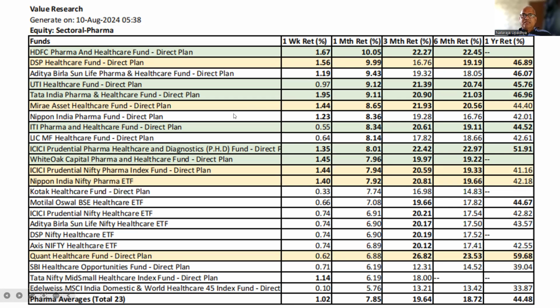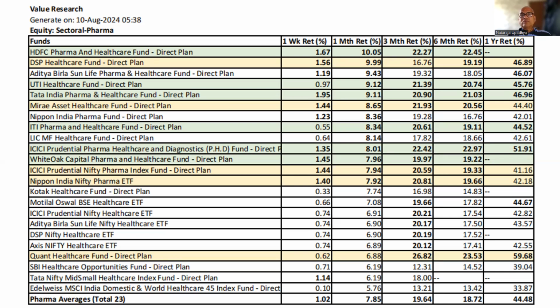But in this analysis, you should not consider green as an automatic investment worthy. What green means is that within this fund subtype, it has shown above average return in all timelines from 1 month to 1 year. The amber ones means it has above average return in all timelines except for one timeline. That's all. So when I discuss it in detail, I am going to discuss only the green ones.